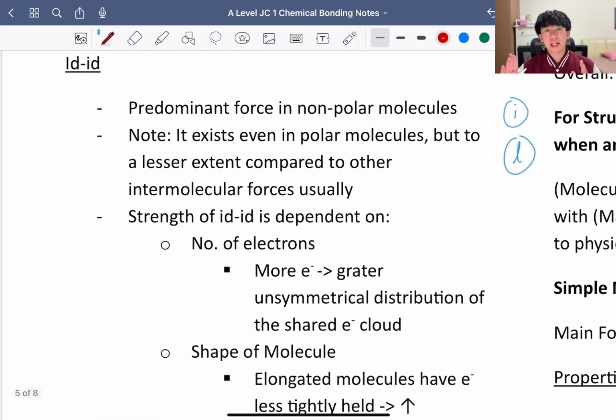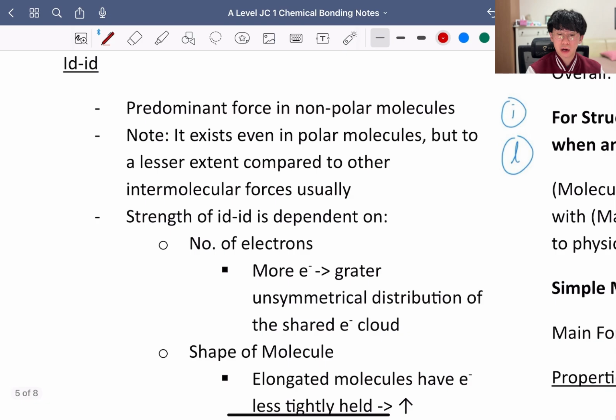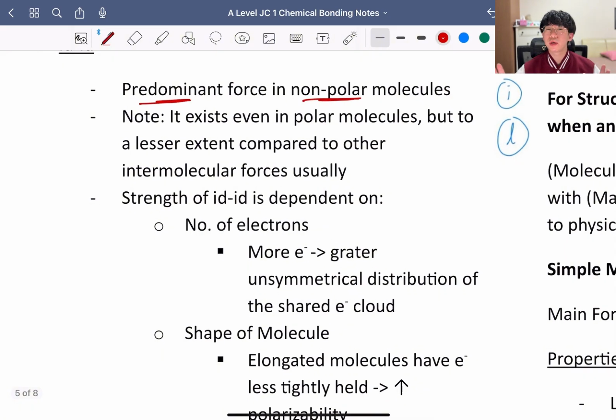So when we look at ID-ID first, this is predominantly found in non-polar molecules, right? And just take note that while I say it is predominantly found in non-polar molecules, a very common misconception is that polar molecules don't have ID-ID.